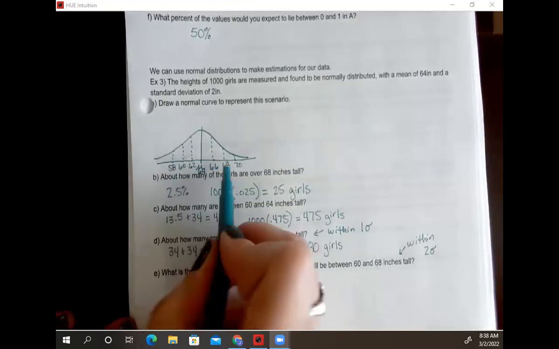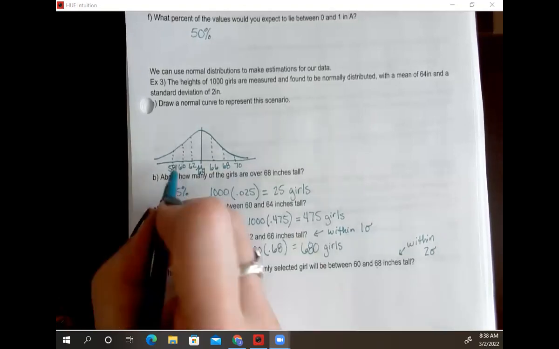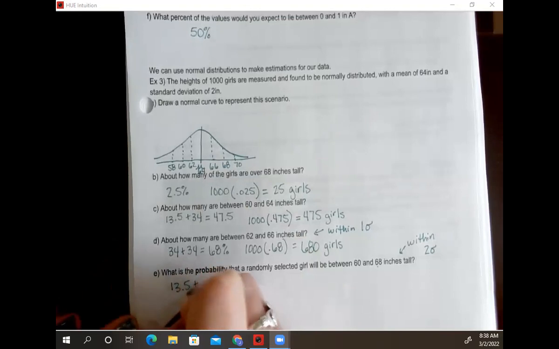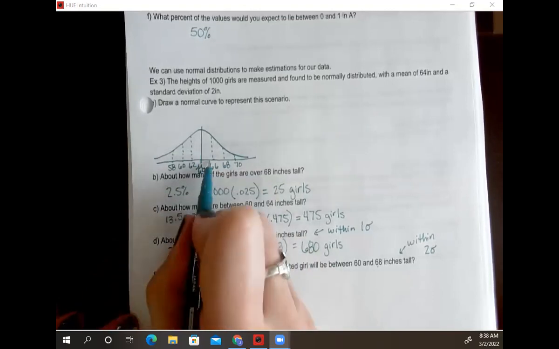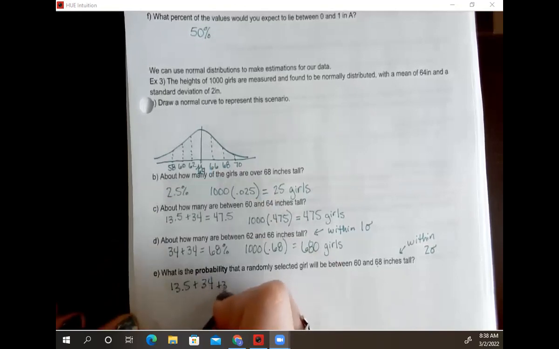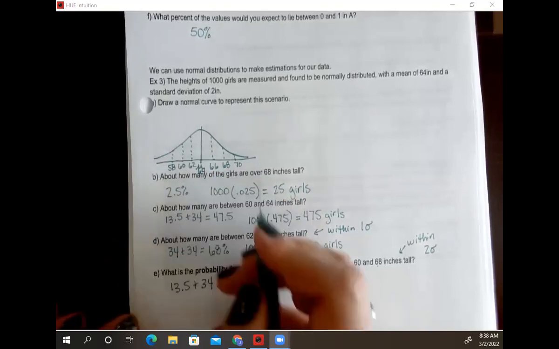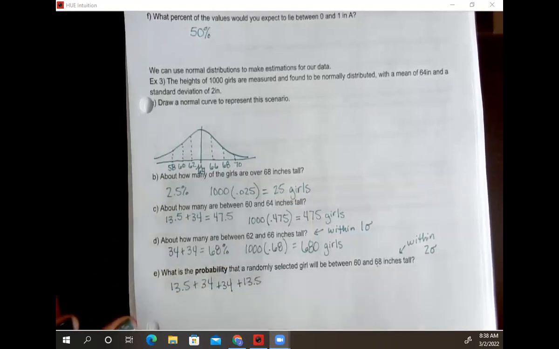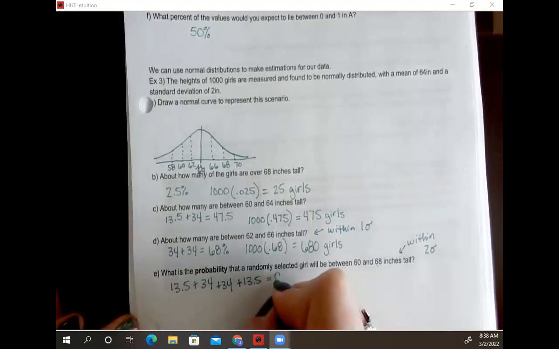This is going to take us to 2 standard deviations on either side. So I know this section is 13.5. And then this section is 34. This section is also 34. And then my last section here is another 13.5. Remember, it's symmetric. So when I add this up, I get 95%.